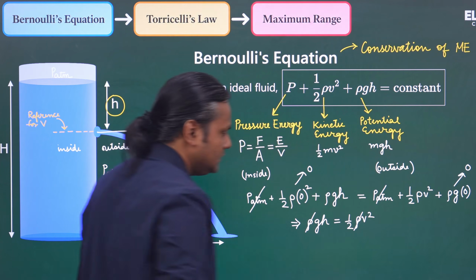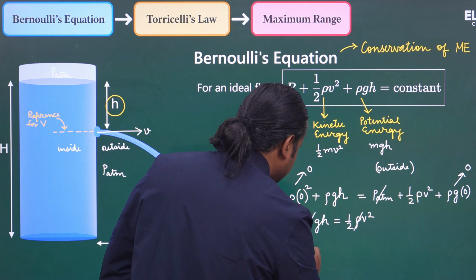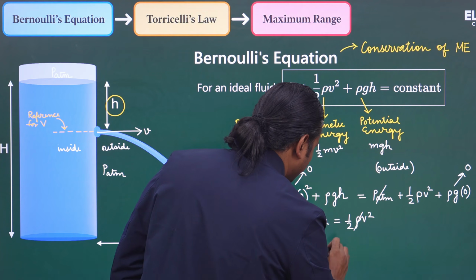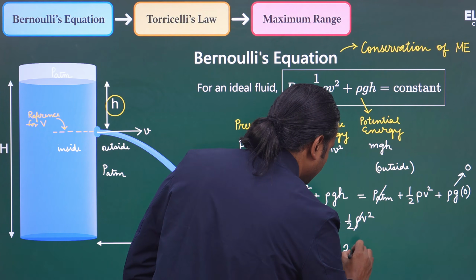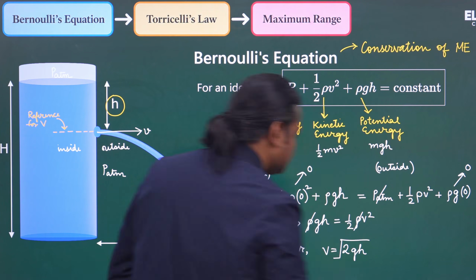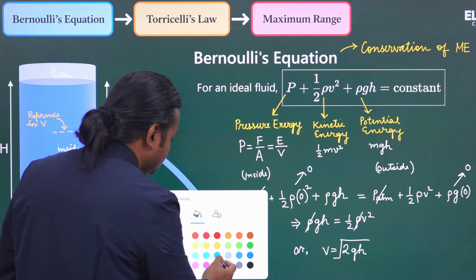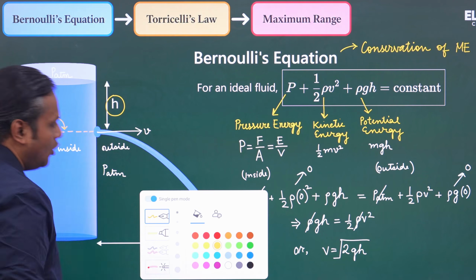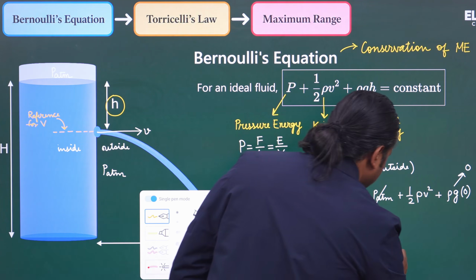Rho and rho get cancelled and we are simply left with v equals root over 2gh. This is what is known as the Torricelli's law, or the velocity of efflux.